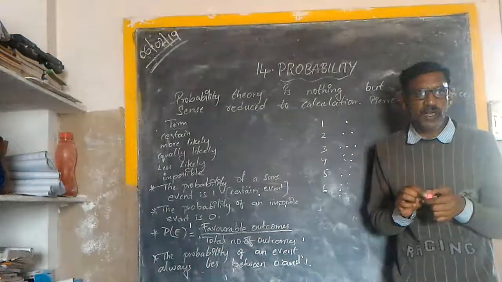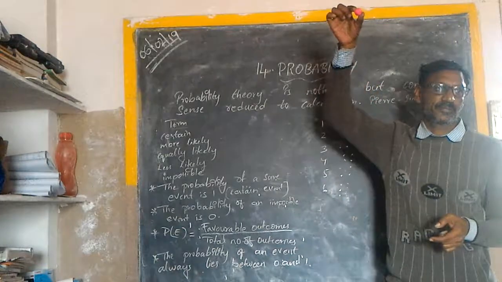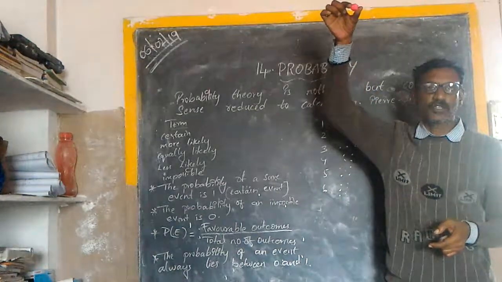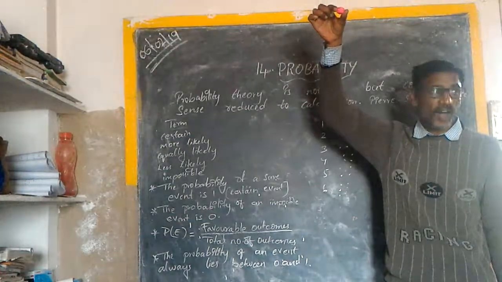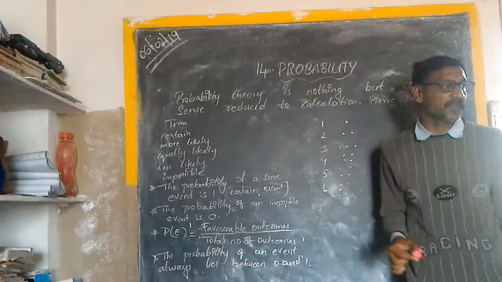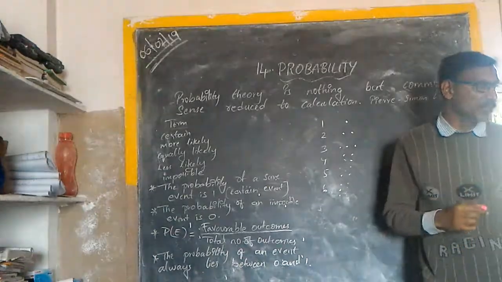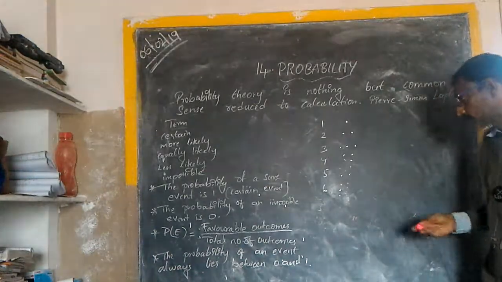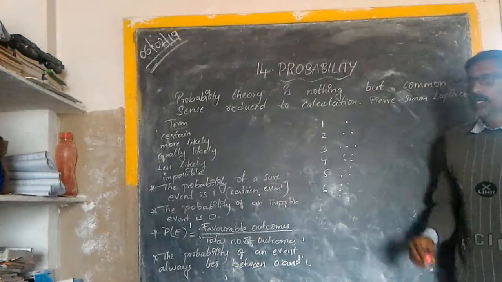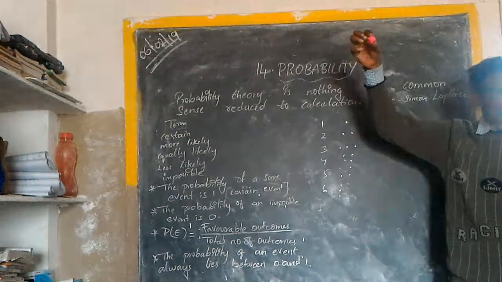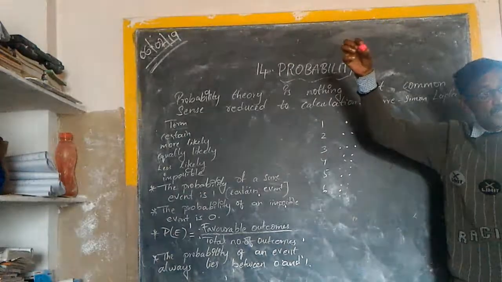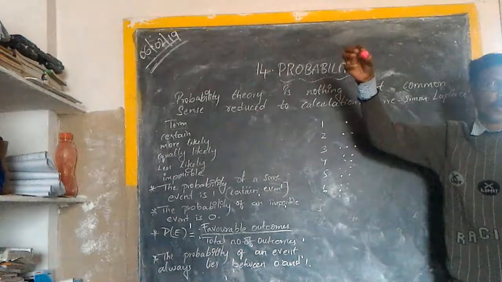I told you clearly, when thrown up, it is at this position at one certain time. When falling down, it shows something, maybe 1, maybe 2, maybe 3, maybe 4, and so on up to 6. So there is a chance for 6, there is a chance for 1, at the same time there is a chance for 2 and so on.